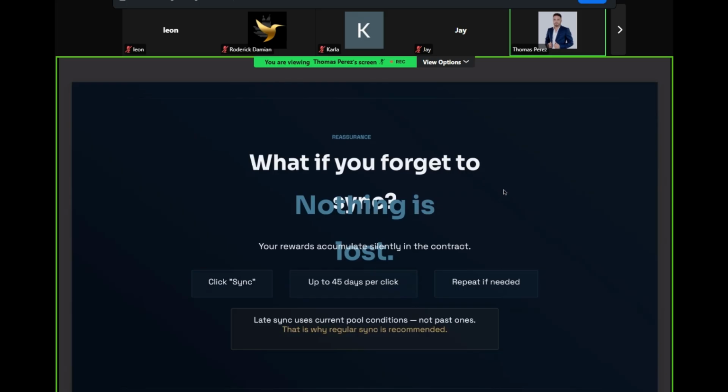The only nuance is this. The system uses current conditions when processing. So if the pool has changed, your final share may be slightly different. And that's why I personally recommend syncing, clicking that famous button regularly. But again, nothing will be lost.